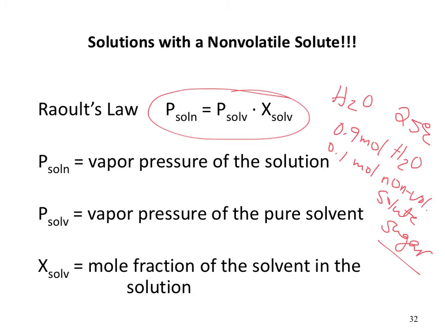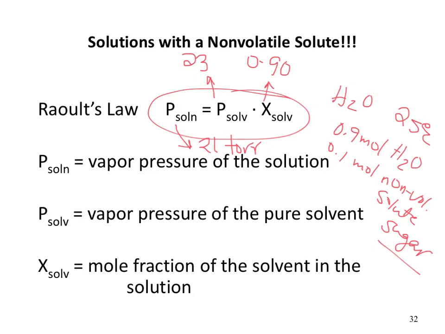And so if you had to determine the vapor pressure of the solution, you would say, well, you only have 0.9 is the mole fraction of water, and the vapor pressure of the solvent is 23. So 23 times 0.9, and so somewhere around approximately 21 torr is going to be the vapor pressure of the solution.